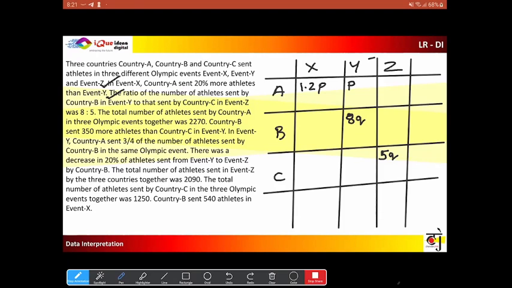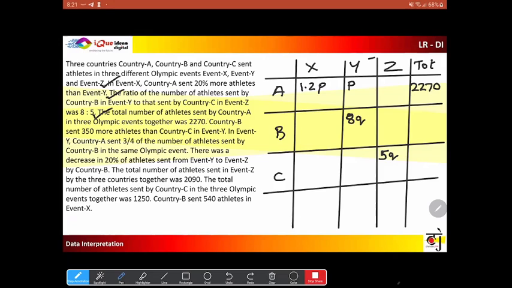Okay. Now I know that the total number of athletes sent by country A in the 3 Olympic events together was 2270. So I put this extra column of total, 2270 उसके अंदर आ गया.